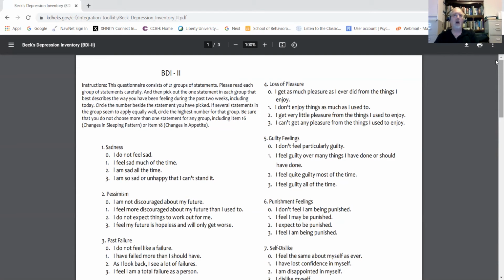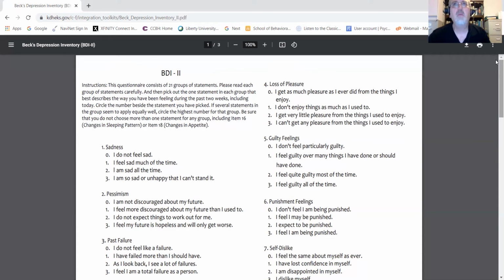It was based on clinical observations of attitudes and expressed symptoms that occurred frequently in depressed psychiatric patients and were found infrequently in non-depressed psychiatric patients.